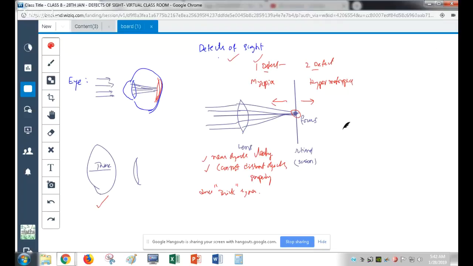They can see distant objects clearly, and cannot see near objects, sir.